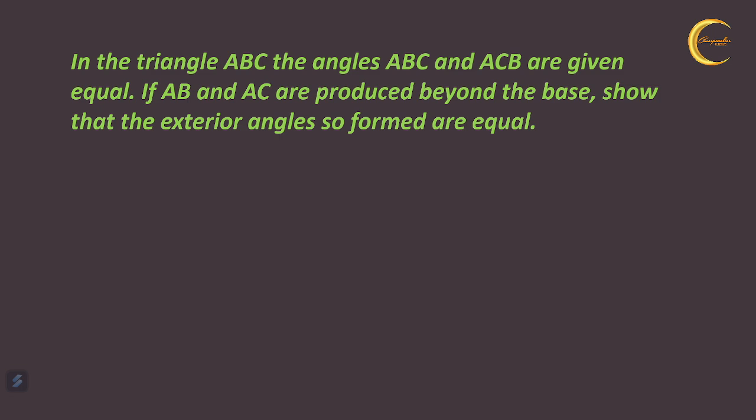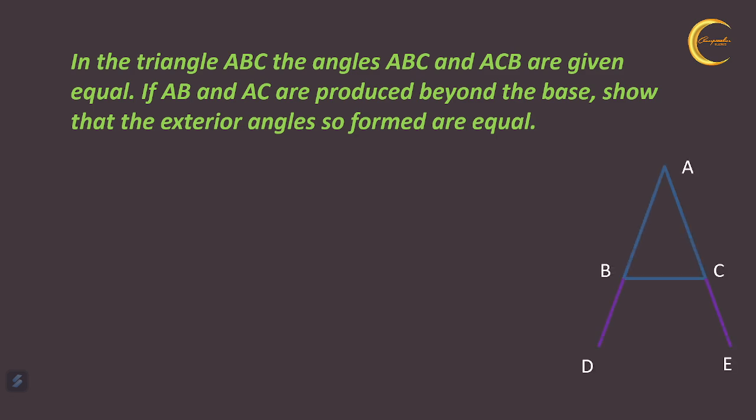Now come to the next problem. So this again is a triangle problem. In the triangle ABC, the angle ABC and angle ACB are given equal. Same as before, but here AB and AC are produced beyond the base, so that the exterior angles so formed are equal.